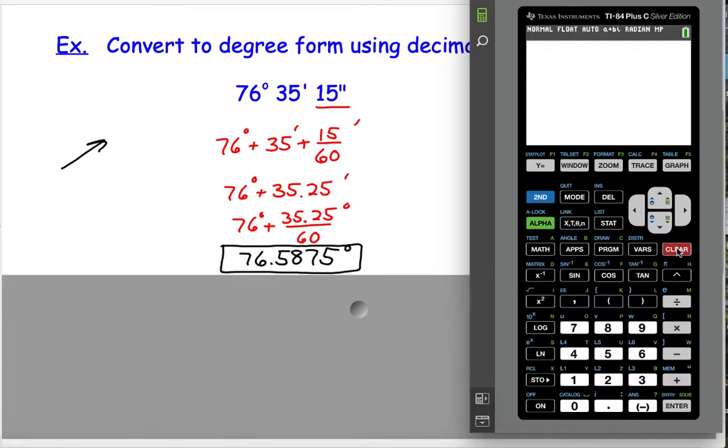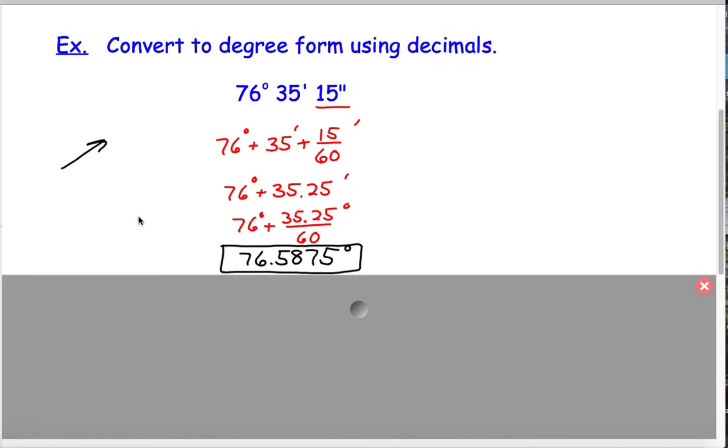If we just use a calculator from the beginning, we could punch it in this way: 76 plus, parentheses, 35 plus 15 divided by 60, close that parenthesis, divide that by 60, and there you go.